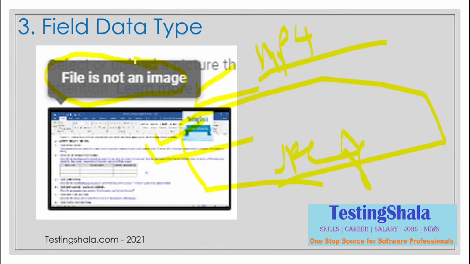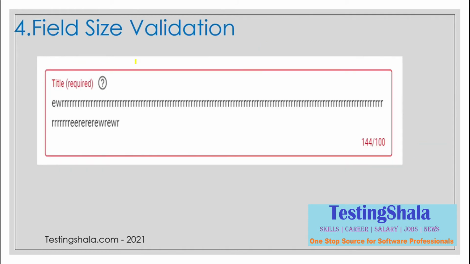Then the fourth is field size validation, which I just spoke about. If the field size is 100 characters, it should not allow you to enter anything after 100 characters. But here they are allowing you to enter any number of characters, but they highlight the text field to show there is an error.